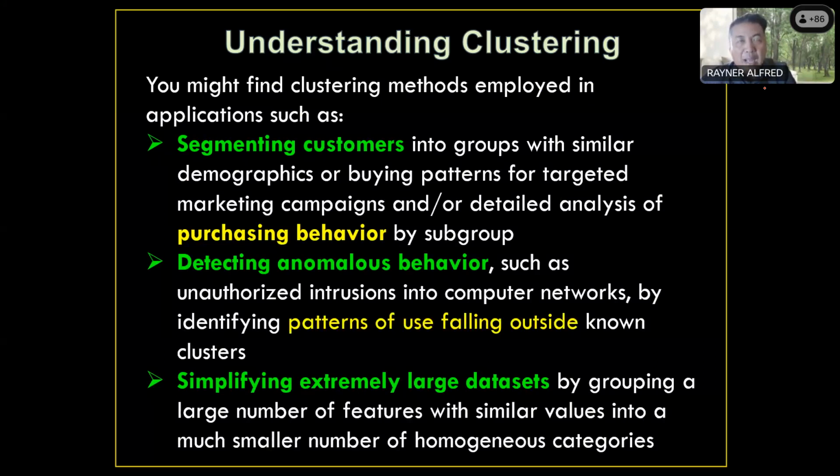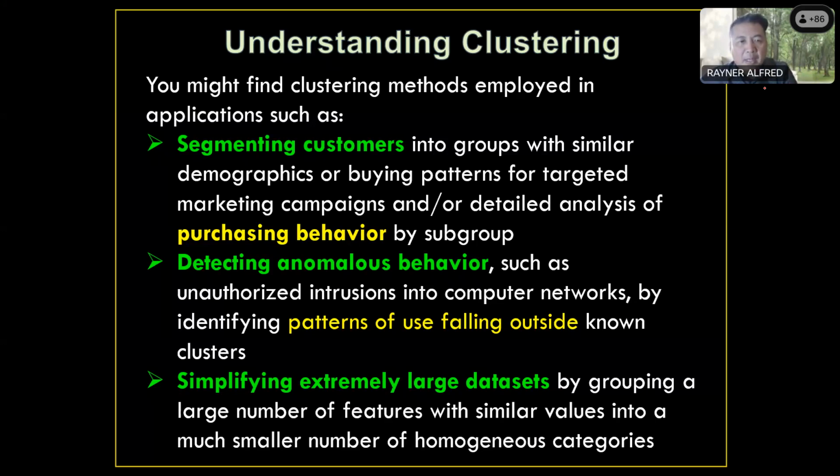In other words, we are looking for outliers. An outlier refers to something which is not common in the cluster group. They are far away, separated from the cluster. So that's how we detect abnormal behavior or outliers.